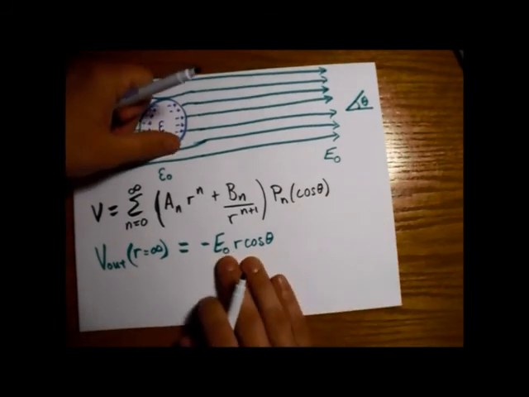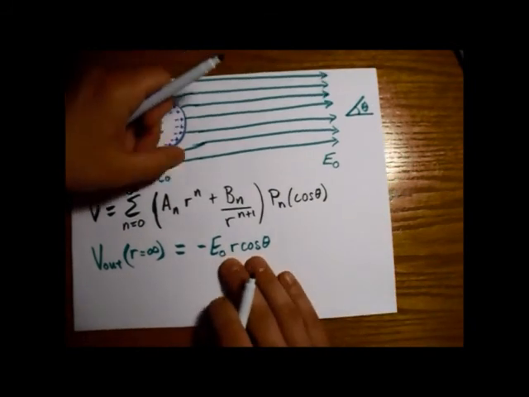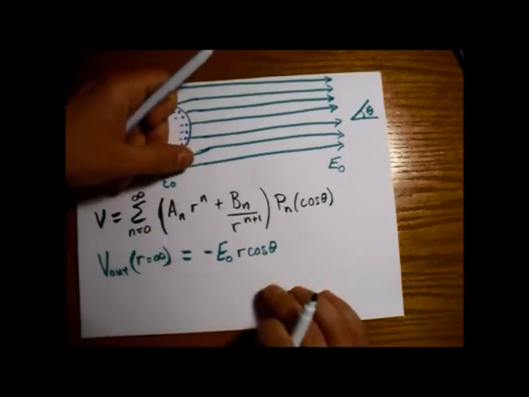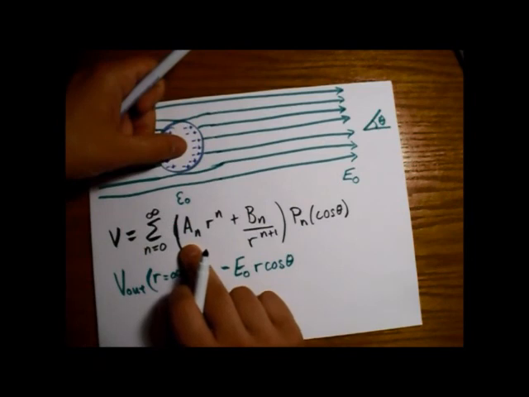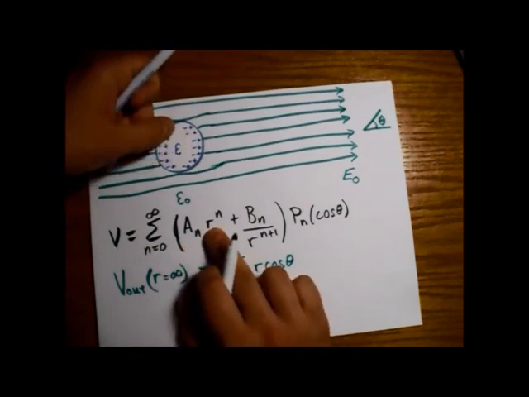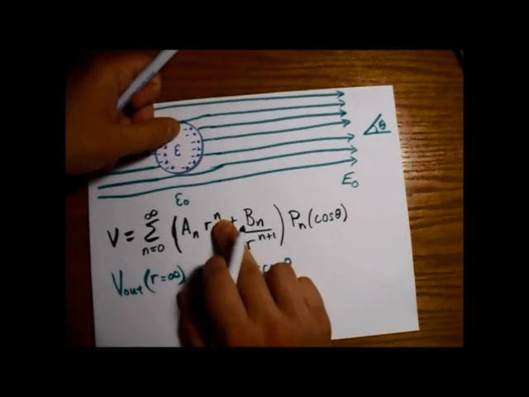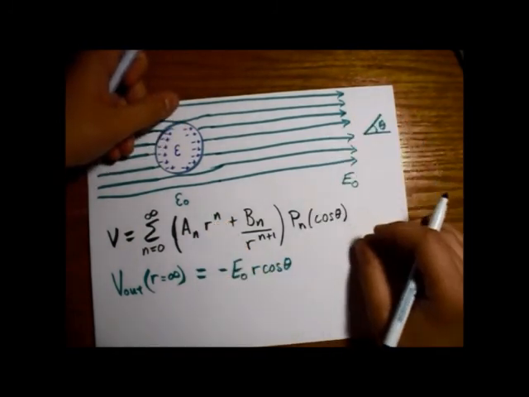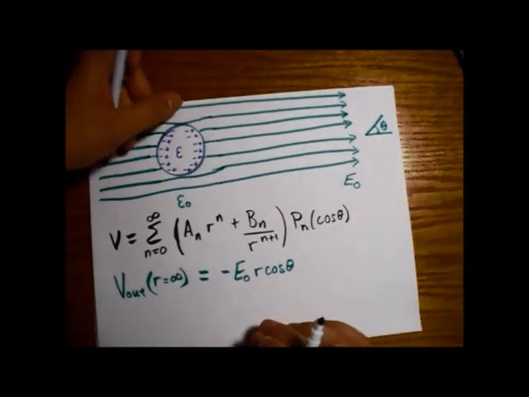so what will this tell us? This will tell us, we'll match up A1 in a moment, but all of these other r to the n power terms are going to blow up way outside. So we're only going to keep one term.